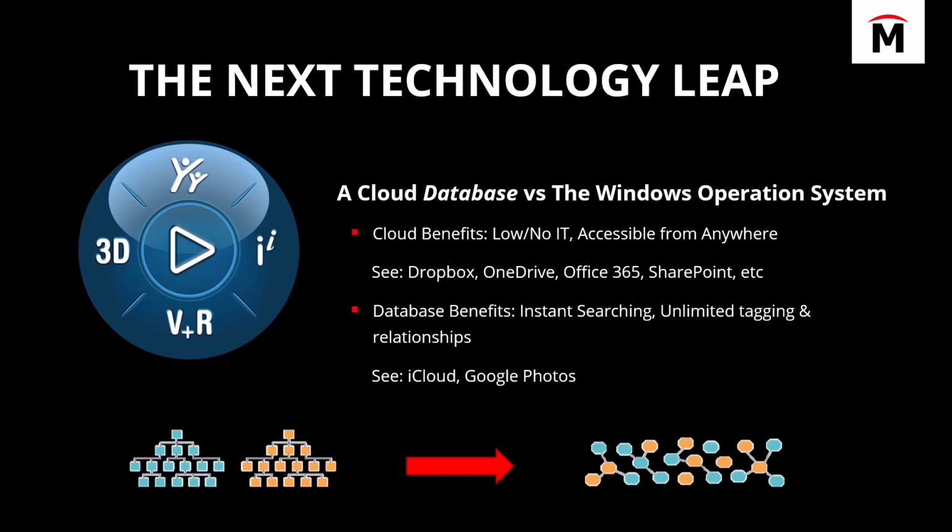And this is the benefit of having a cloud database, or a database at all. Instant searching and information that's tagged in so many different ways. When you took the photo, where you were at, even what's in the photo, who took it. We can search by all those things instantly. So you're already doing this.